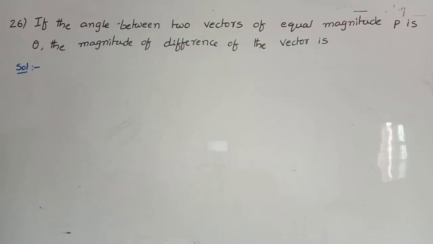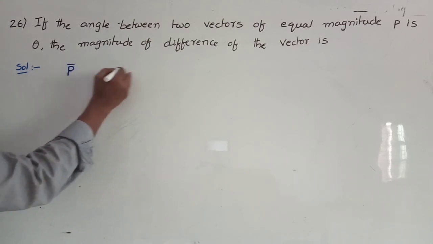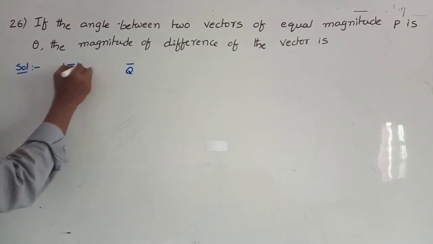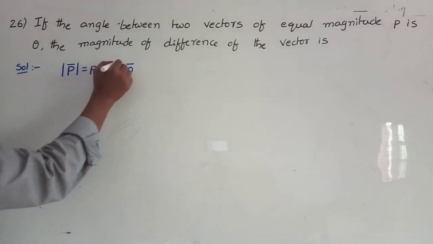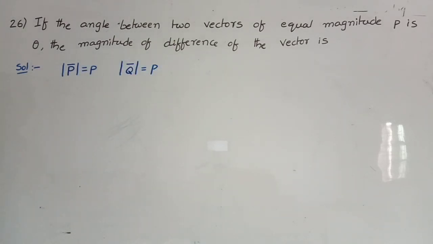26th problem. If the angle between two vectors of equal magnitude P is theta, the magnitude of the difference of the vectors is? Assume two vectors, one is P bar and the second one is Q bar. Magnitude of P bar is equal to P and the magnitude of Q bar is equal to P, and the angle between them is the given theta.